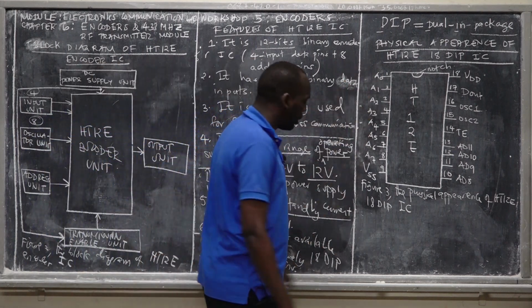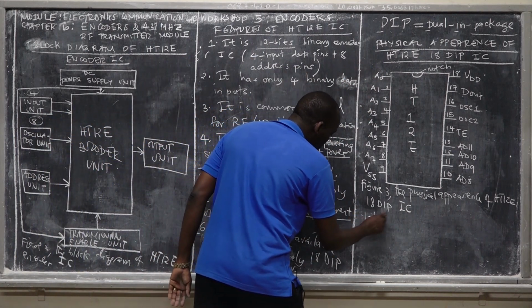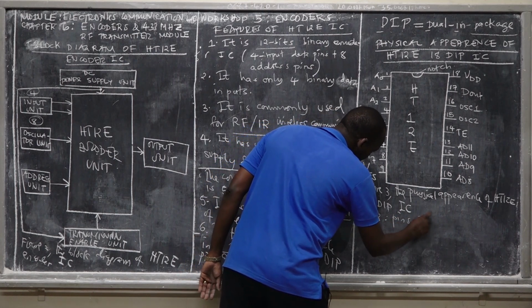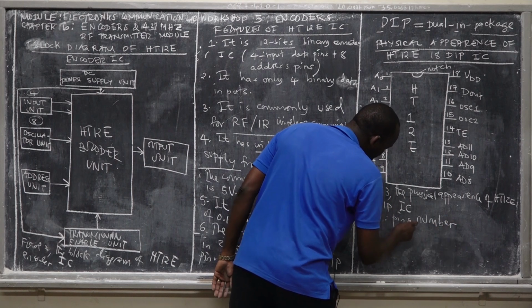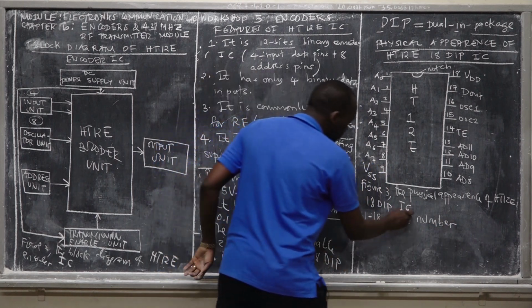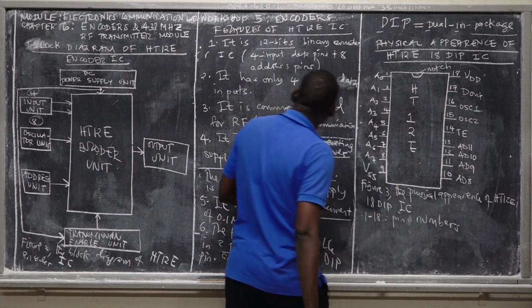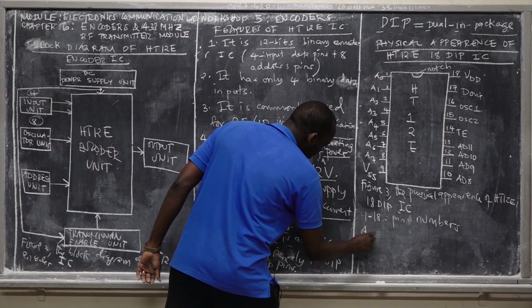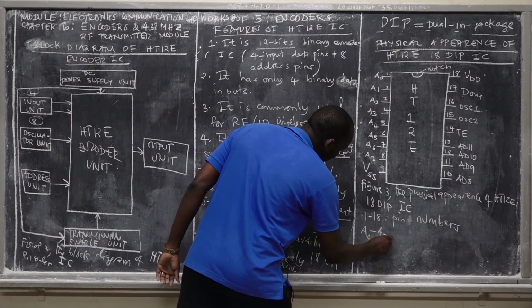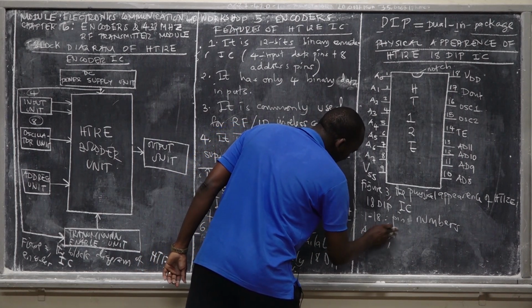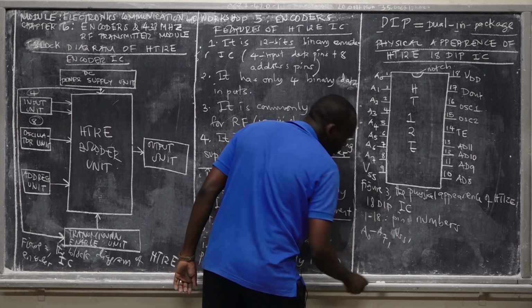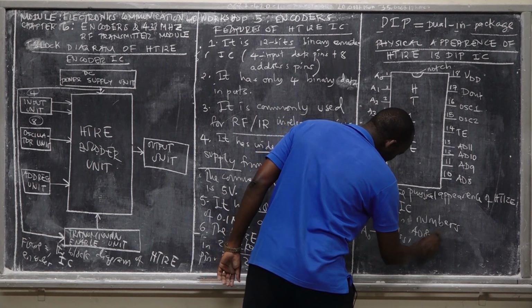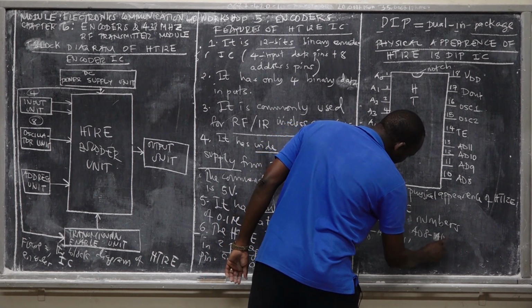Okay. So pin number 1 to pin number 18, we call them pin numbers. Say pin numbers. Then A0 up to A7, then VSS, AD8 to AD11.